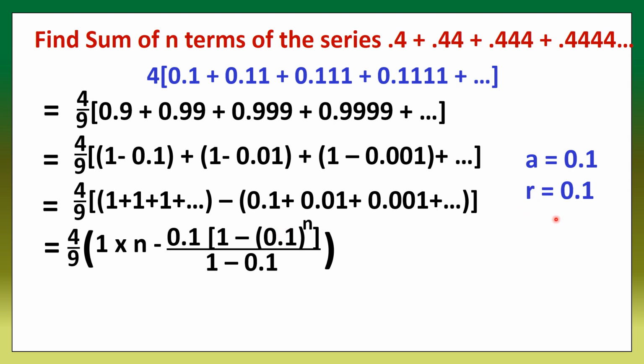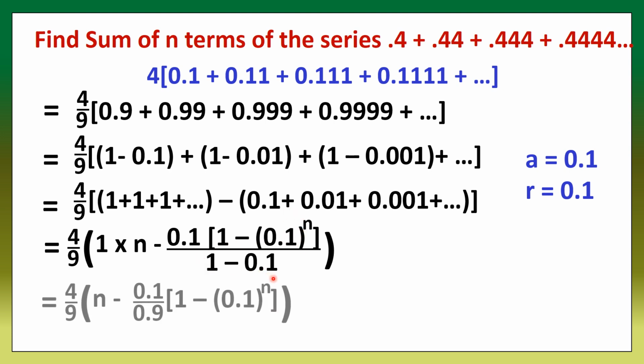When r is less than 1, or when 1 is greater than r, we must consider the formula where 1 is considered first. So 1 minus r raised to n, that is 1 minus 0.1 raised to n, divided by 1 minus 0.1, and that is 4 by 9 into n. 1 into n is n minus 0.1 divided by 0.9. 1 minus 0.1 is 0.9. That is this 0.9 into 1 minus 0.1 raised to n.